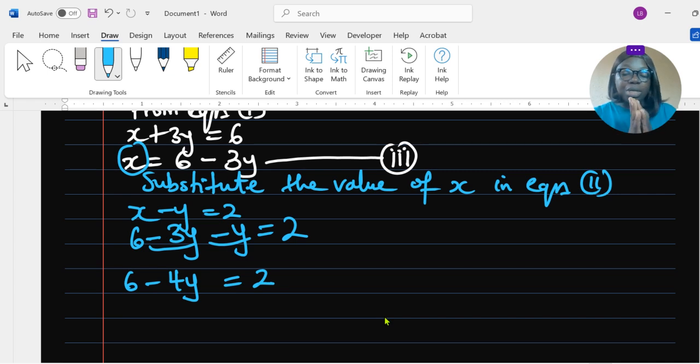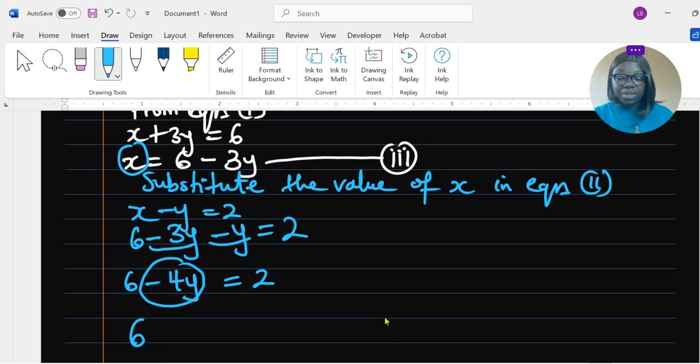Now take note that we need to make y stand alone. We are looking for the value of y. So we have to collect the like terms. 6 and 2 are like terms. 4y has to stand alone. So 4y is negative on the left side right here. This is minus 4y. When it crosses to the right side, it becomes plus 4y. So that will be 6. Plus 2 is on the right side.